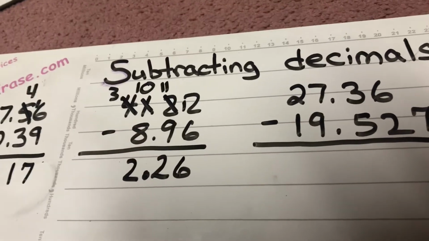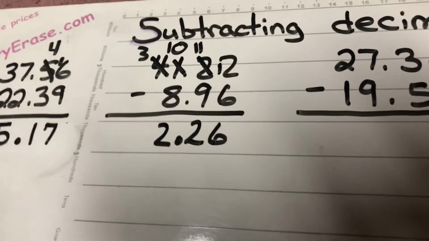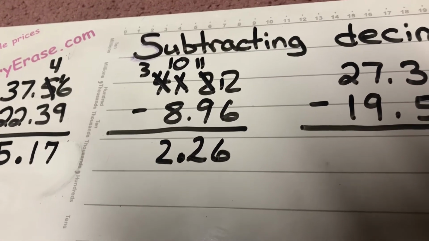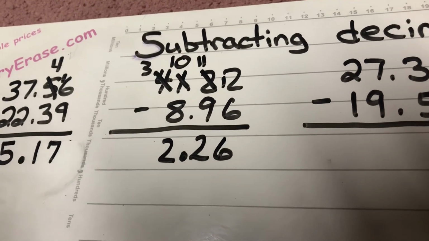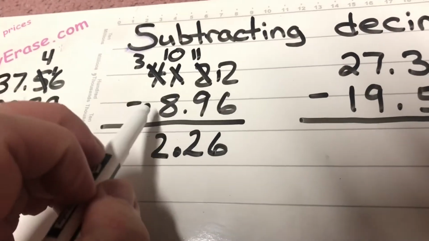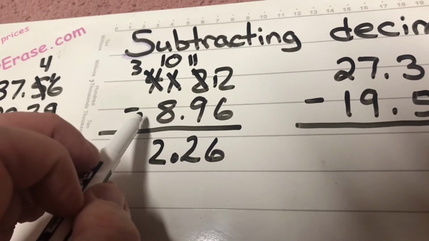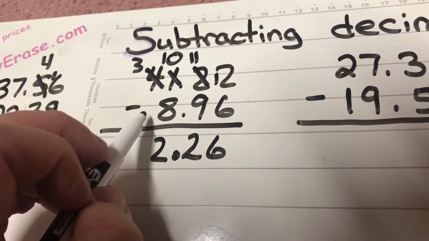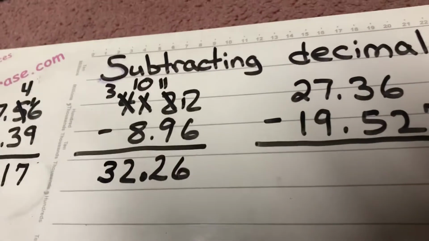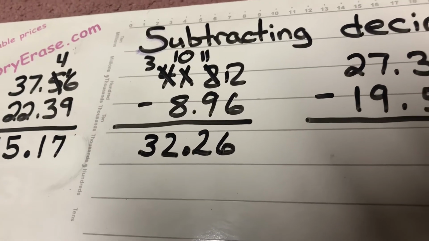But as always, Mr. Swack is going to say, if you don't need numbers, don't put them there, because it's very easy to get things offline or think that those numbers mean something else, or you don't write the number neatly and you're not sure what it is. So in this situation, I would just prefer to have you not write anything there and realize, well, that's just 3 minus nothing. So essentially, you're just dropping the 3 down, and you're ending up with 32 and 26 hundredths.